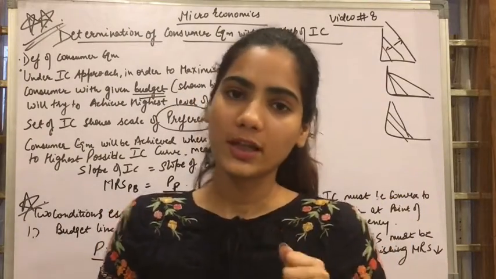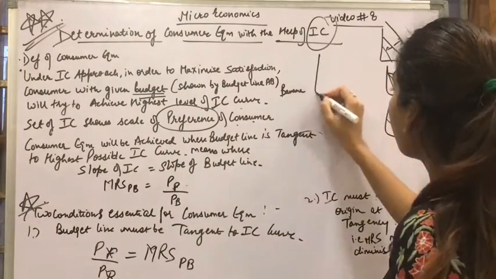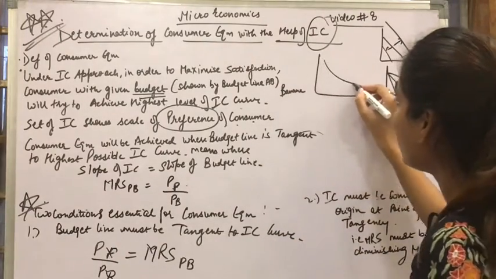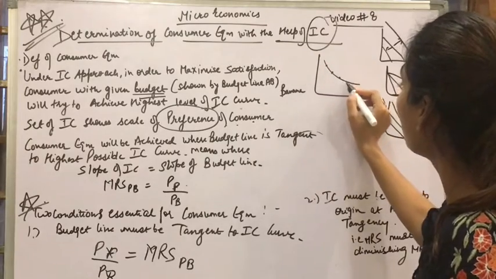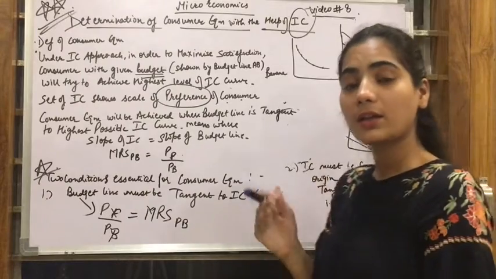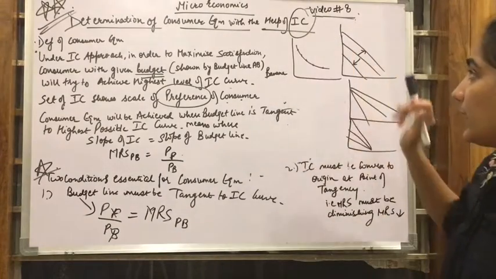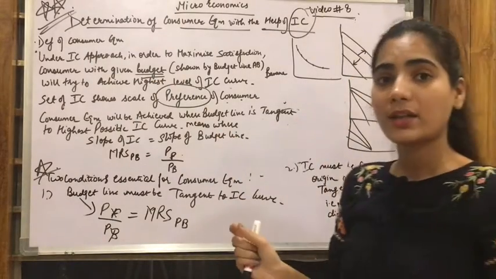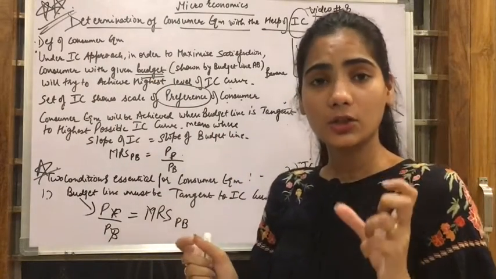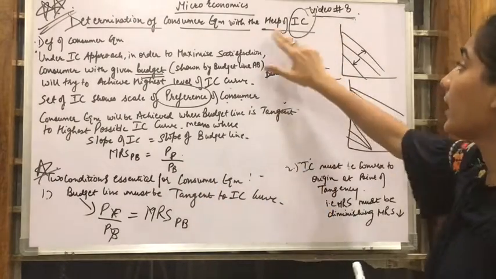This is consumer equilibrium. Now, IC. What is IC? IC is a graphical representation of different combinations of two commodities giving the consumer the same level of satisfaction. That means now we are going to talk about how we can have consumer equilibrium, that means how we can have the maximum satisfaction with the help of IC.